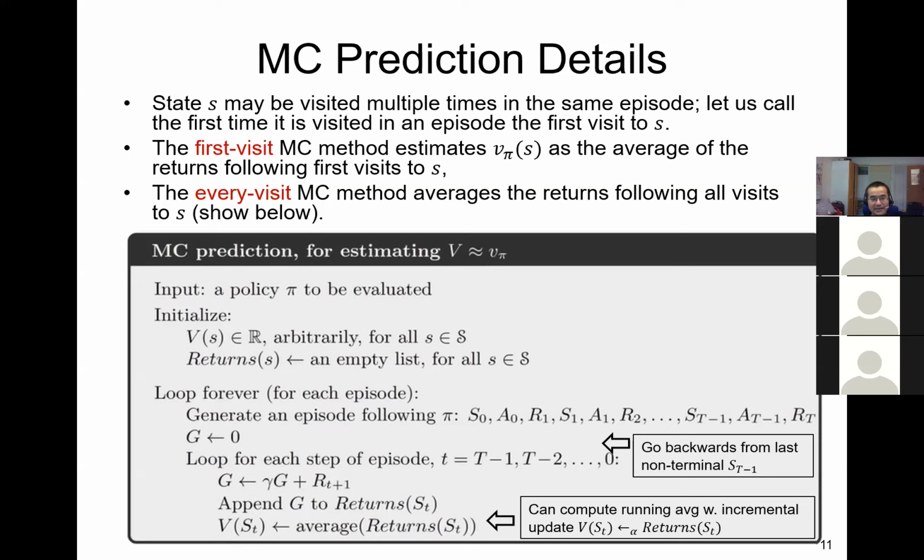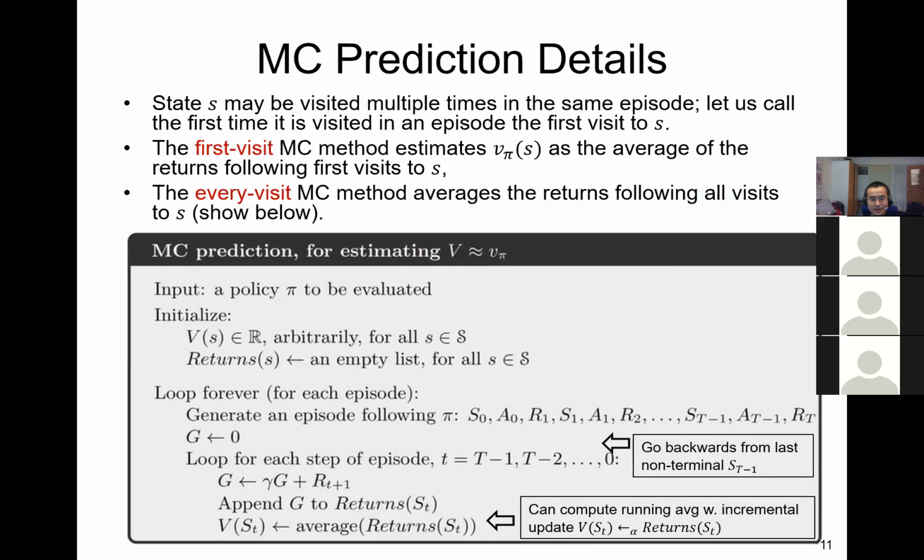So initialize V(S) arbitrarily and typically all zeros, and loop forever: generate an episode following the policy, and you go backwards from the last non-terminal state S_{T-1}. S_T is the terminal state.